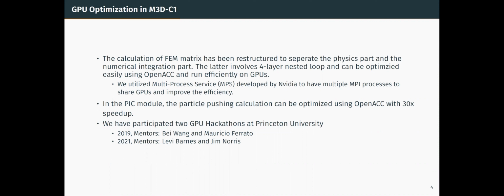We are also utilizing the multi-process service, MPS, developed by NVIDIA, so that multiple MPI processes can share GPUs and improve efficiency. For the particle-in-cell simulation, we use the GPU to run the particle pushing in parallel with the help of OpenACC, and we obtained a 30 times speedup. We attended two GPU hackathons, both at Princeton University, one in 2019 and one in 2021. We really want to use this chance to thank all the mentors who helped us in the hackathons.